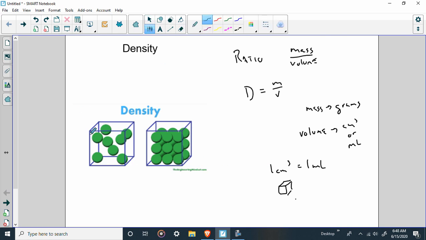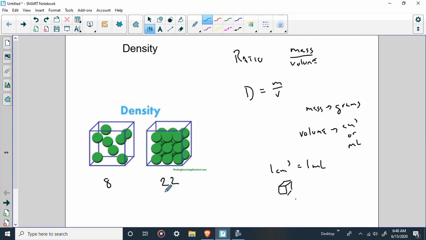So when we're looking at things on a very small level, say this was 1 cubic centimeter, right? And we look at this and they have the same green balls in both of them. So we'll say this one has 8. And this one has 22.